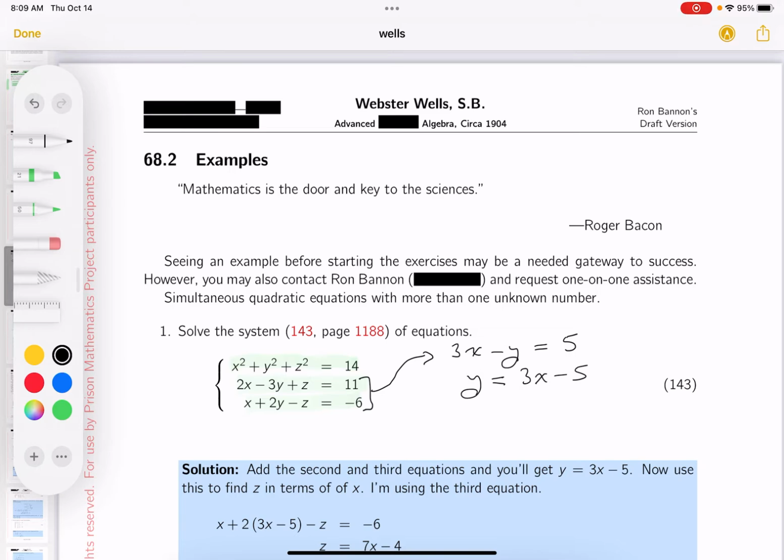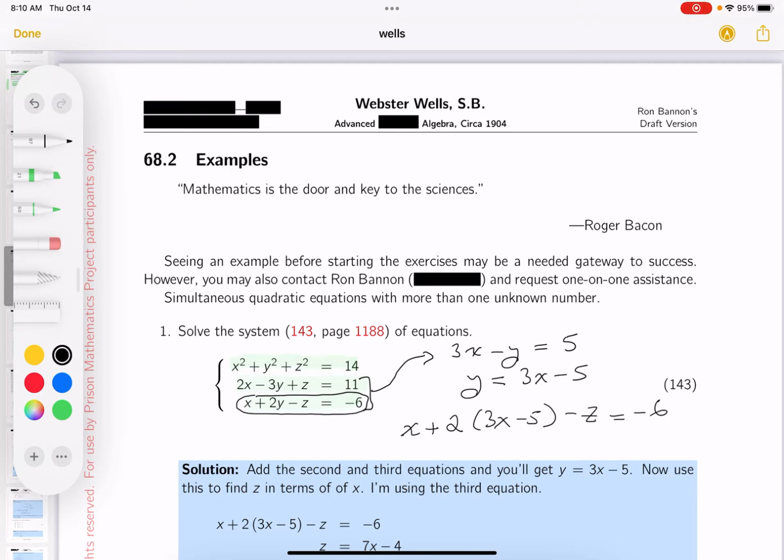Now, I have y in terms of x, and that may be useful, but I still have problems. I still have that z to deal with. So I'm going to take this equation now, and I want to see if I can get z in terms of x. I don't know if I can do that. So let's write this down. x plus twice the y. Well, what's the y? 3x minus 5, minus z equals minus 6.